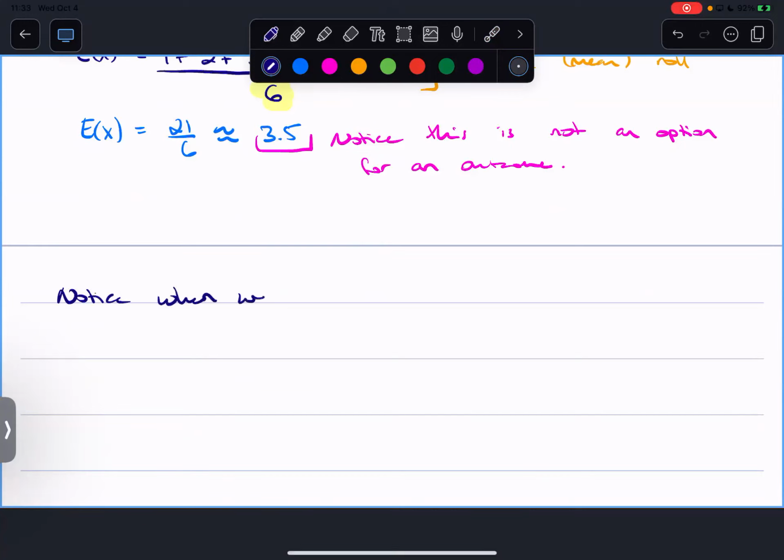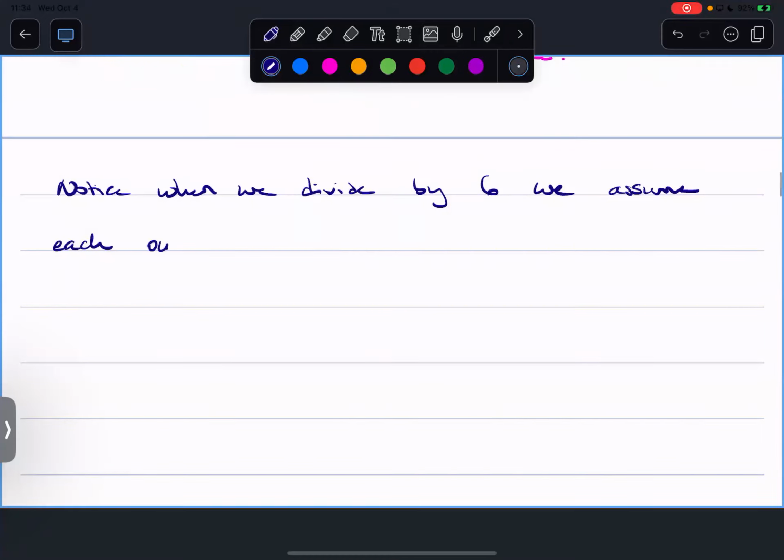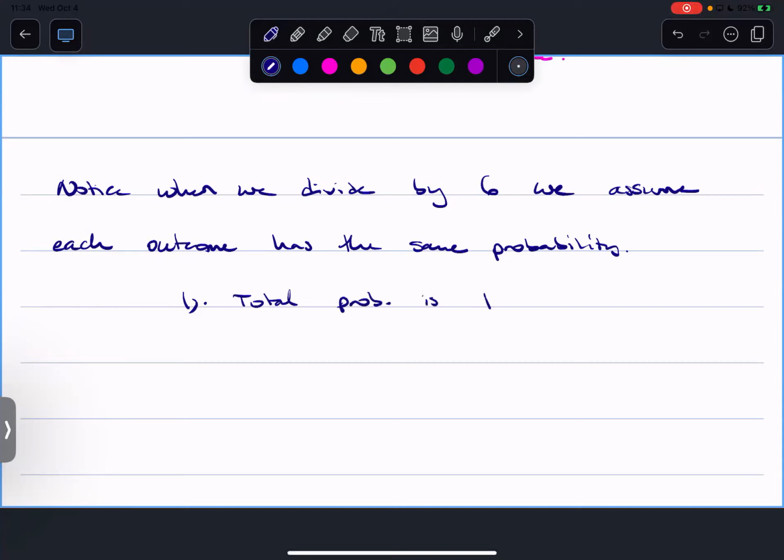Notice when we divide by 6, we assume each outcome has the same probability. We also know that the total probability, right, has to be 1. So the total probability is 1. That's a fact.